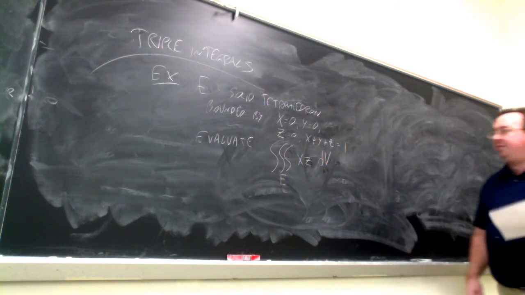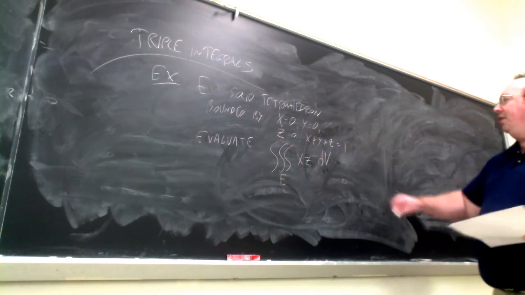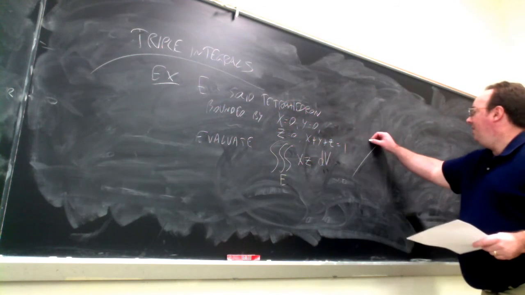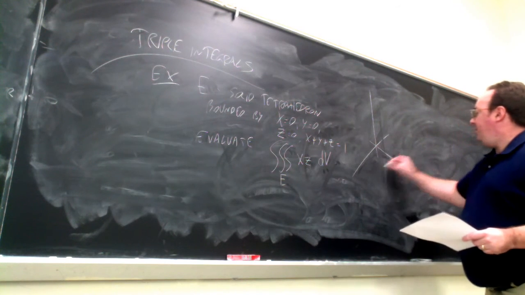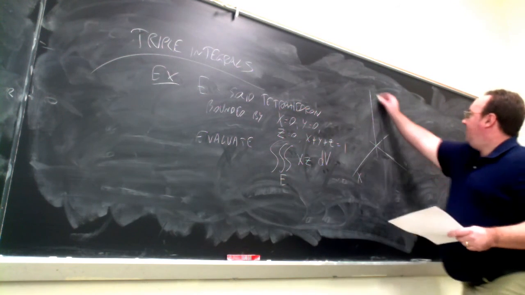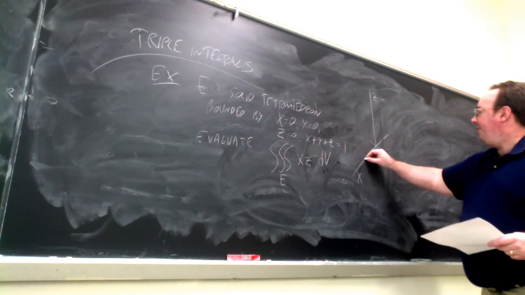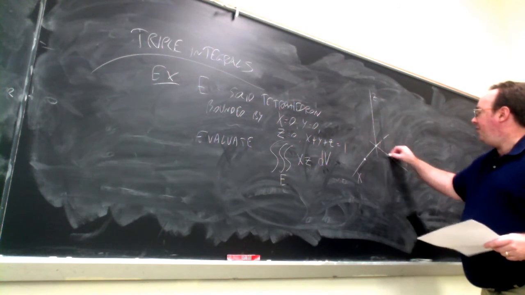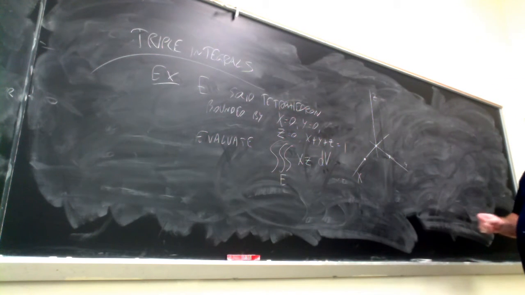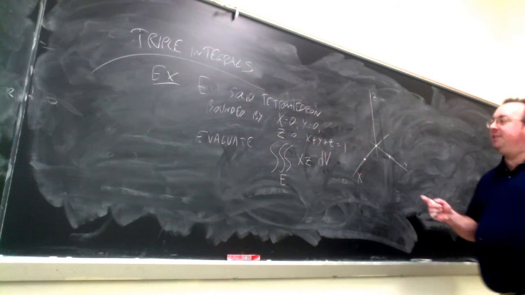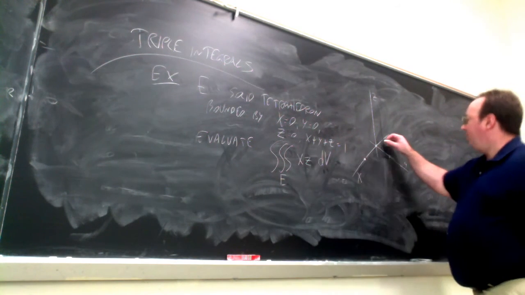Okay, now it's a good idea to visualize what you're trying to integrate over. So in three-dimensional space, sometimes a tetrahedron can be specified in terms of its vertices also. In this case, we can see that 0, 0, 0 is one of the vertices.